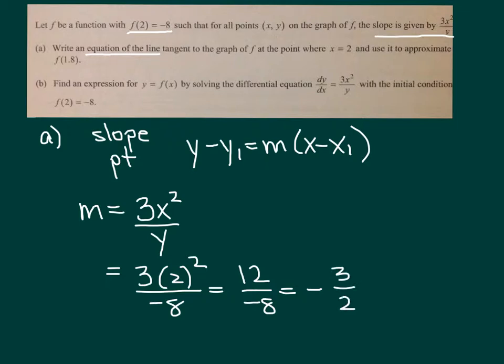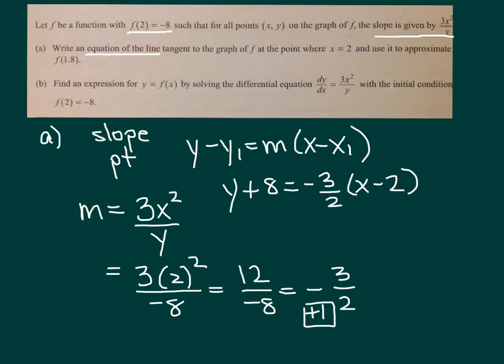So that's our slope, and our point we know is given to us is 2, -8. So I get y plus 8 is equal to -3/2 times x minus 2. So there you go. Now just for doing that, you get 1 point for the correct slope, and then you get 1 point for the equation.